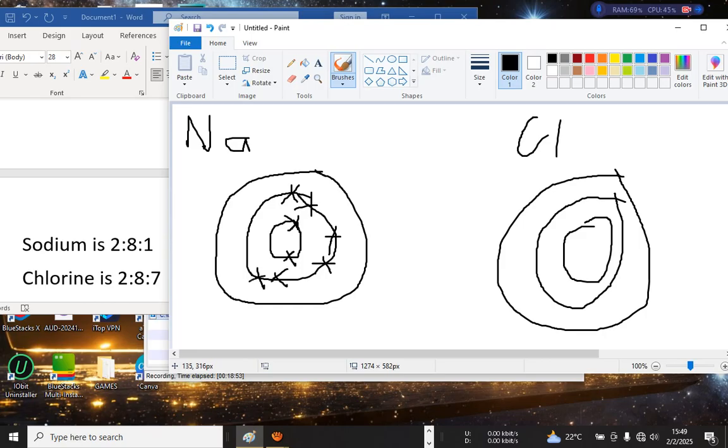Those are 6, and then 8. And then the third shell has only 1. Now you come to chlorine. Chlorine also has, in the first shell, 2 electrons, so it is fully complete. For the second shell, it has 8.